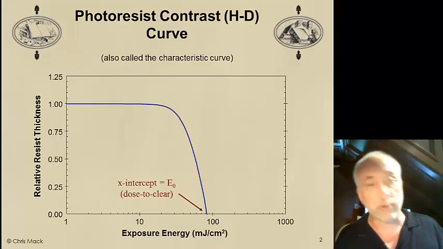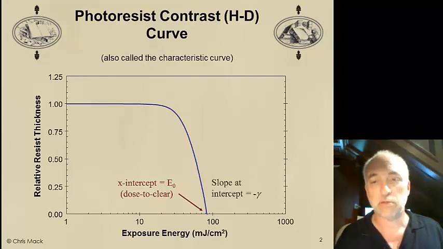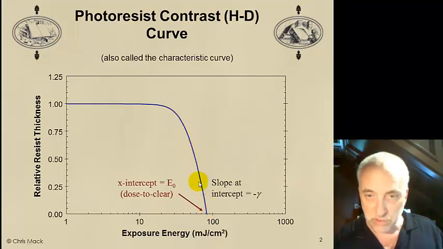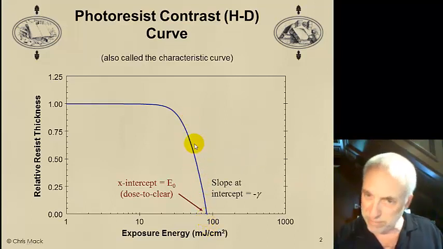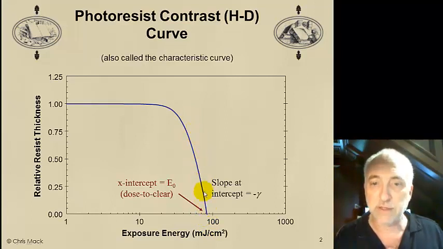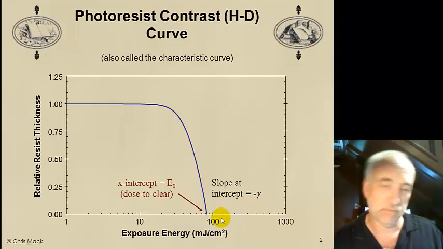But the most important parameter we grab from the HD curve, or the characteristic curve, is the slope. Now the slope of this region is reasonably linear on this logarithmic scale, but technically we define the slope as we approach the intercept as minus gamma.